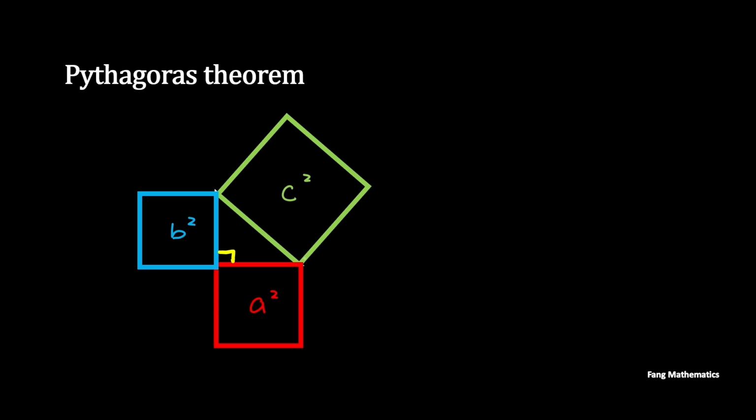And this is what Pythagoras Theorem tells us: the area of the largest square, c squared, is equal to the sum of the two smaller squares using the lengths of the legs. a squared plus b squared is equal to c squared is the mathematical expression of Pythagoras Theorem, where c represents the longest side of a right-angled triangle and a and b are the legs.